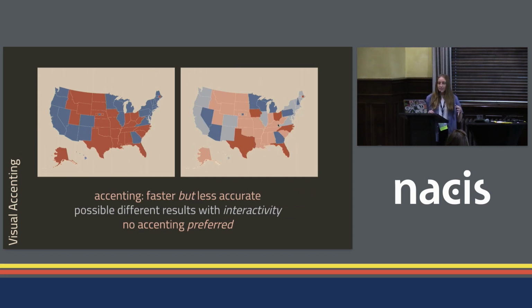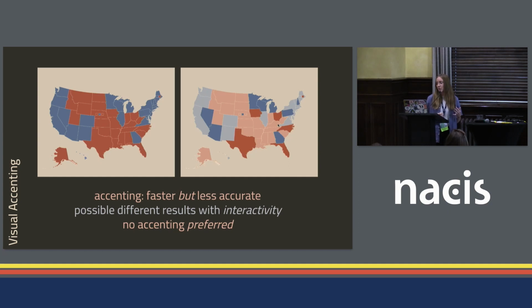For visual accenting, this is a spot where I feel like there were some limits to my study, because I exclusively had static maps, just due to the limits of an undergraduate study. And I think that visual accenting worked much better when users could toggle back and forth and understand exactly what was happening.